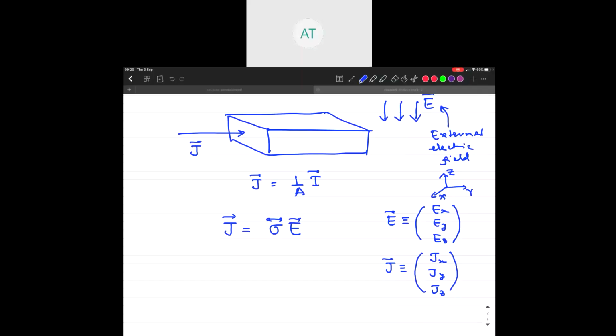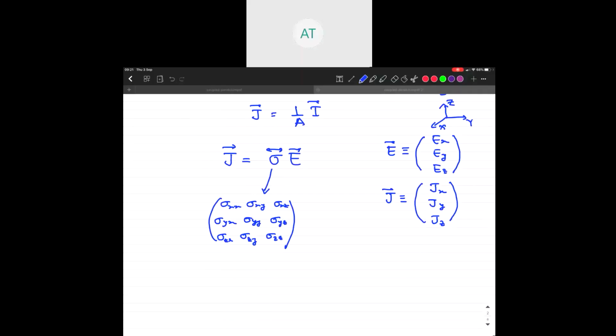So in a realistic scenario, current will flow in all the three possible directions in a realistic sample, and the electric field could be arbitrarily aligned along any of these directions, and accordingly this sigma has a structure such that the current density J is given by sigma times E. So this is now a tensorial quantity.